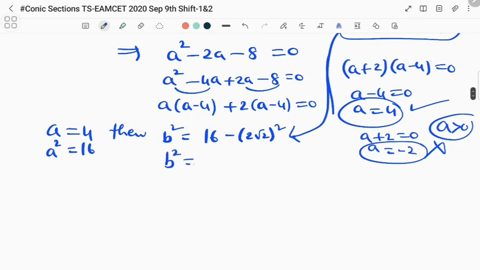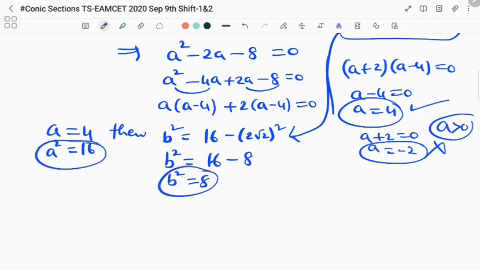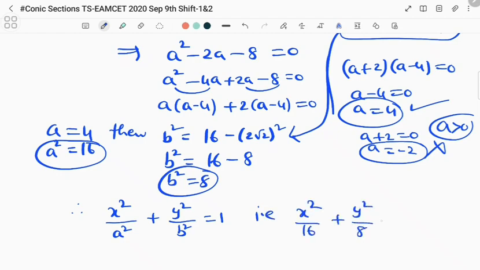So B square is equal to 16 minus 2 root 2 whole square, which is 8. B square is equal to 8. So A square value we know, B square value we know. Equation of the ellipse in the standard form, x square by a square plus y square by b square equal to 1. That is x square by 16 plus y square by 8 equal to 1.